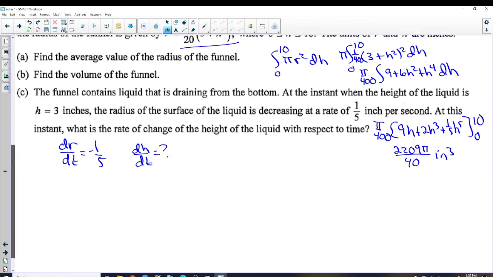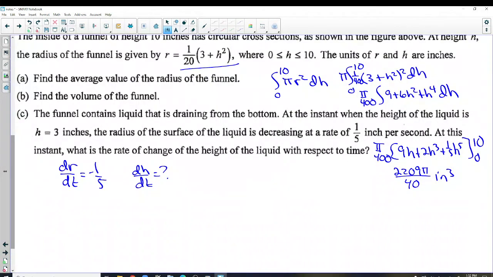So now we need something that relates r and h. And we actually have that. That's sitting right here. This relates r and h. So dr/dt is equal to, well, if we distributed the 1/20 through, we'd have 3 over 20. And the derivative of 3 over 20 is 0. Then we'd have 1/20th h squared.